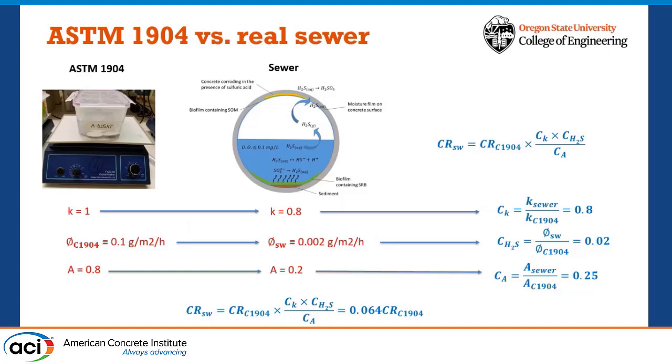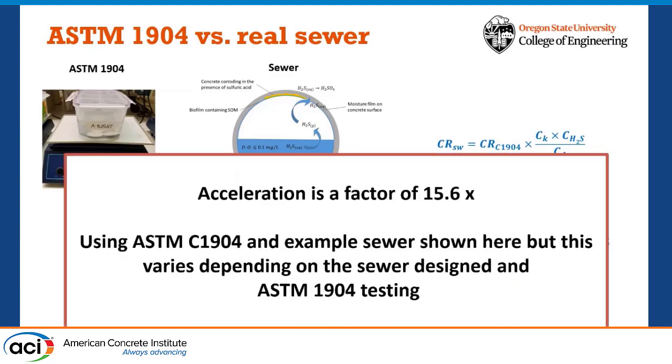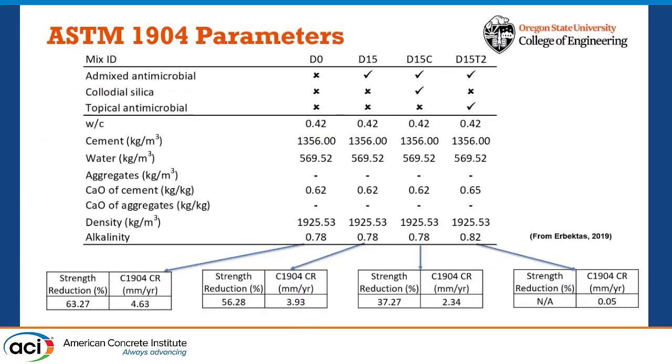So when we calculate all these correlation factors and apply them in the Pomeroy model, we can find the correlation between the field condition and our ASTM testing. And we can calculate an acceleration factor, but this depends on the ASTM testing here and the severe field condition that we are checking on.